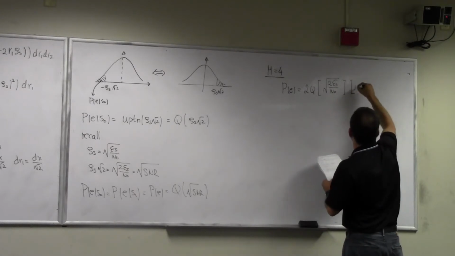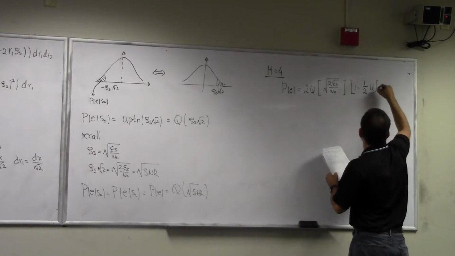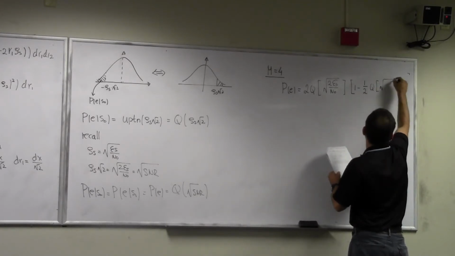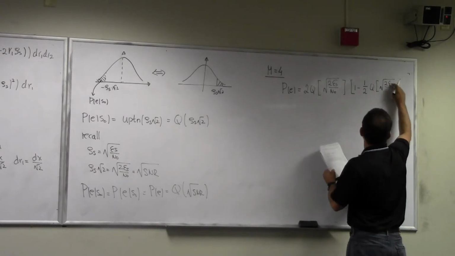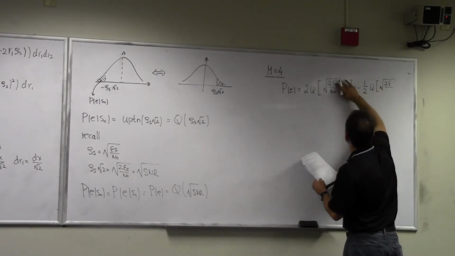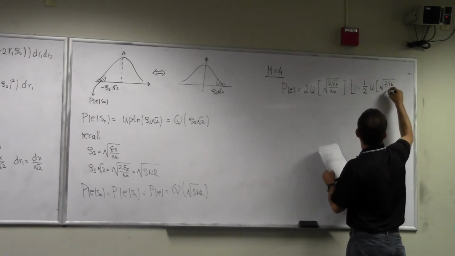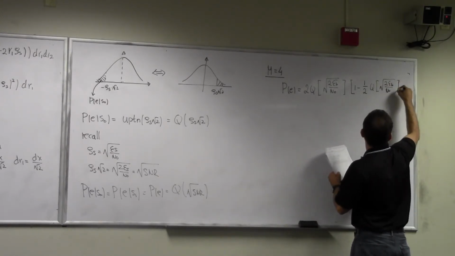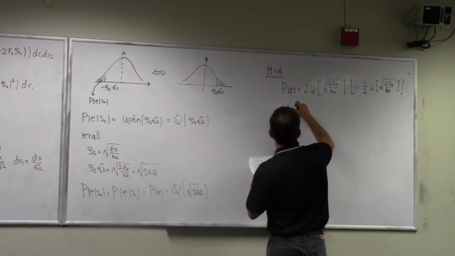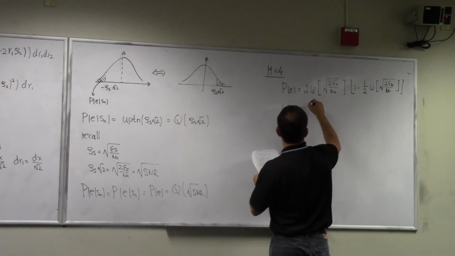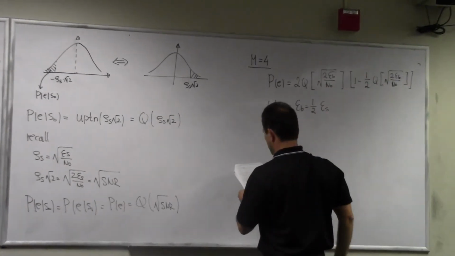And then here 1 minus 1 half q over square root of 2 epsilon s, actually, sorry, it says dv here, dv over n0, where this EV is equal 1/2 over epsilon s.